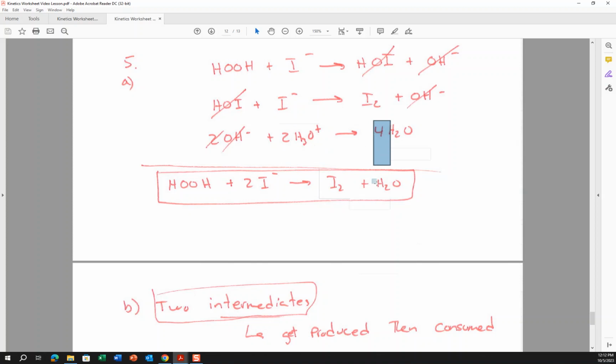Sorry, the key's wrong again, but there should be two hydroniums here and a coefficient of 4 there. I did the work right here, I just didn't come up with the right answer there. Just rushing through it. So again, two hydroniums included on the reactant side, and a coefficient of 4 there. That would be the overall equation.